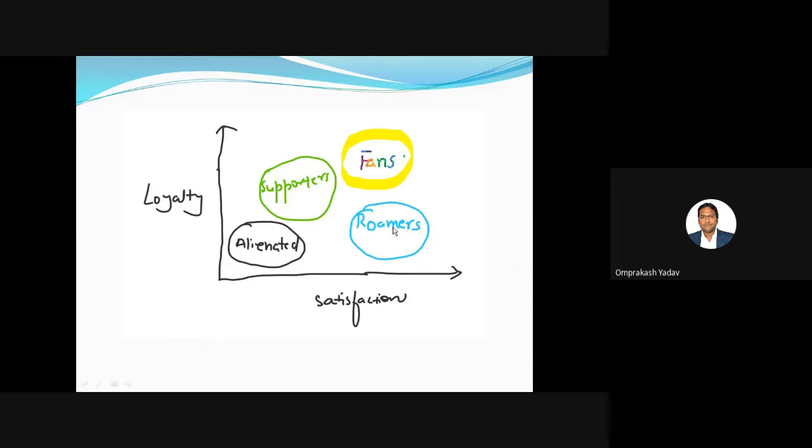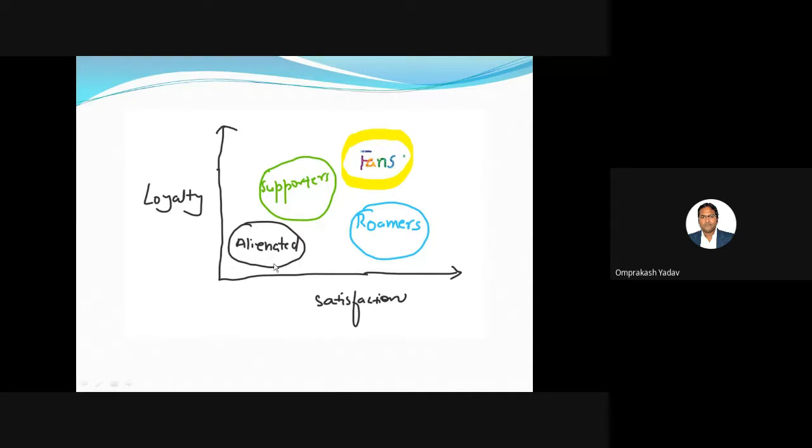They just come to roam in your shop because they like to roam here and there, and they might be attracted by the proper wi-fi and proper seating arrangement, which may be fascinating to them. Roamers will visit your shop regularly, but they will not buy. They will just roam here and there and leave your shop. But supporters will sometimes buy and support you. Fans will definitely buy from you, and we are alienating this particular part.